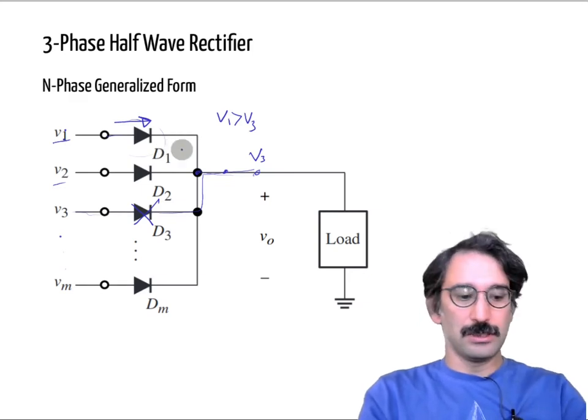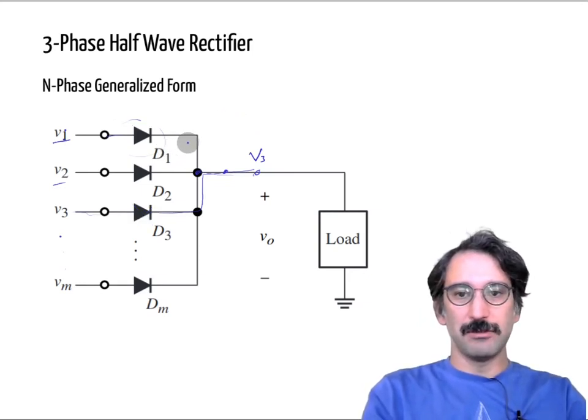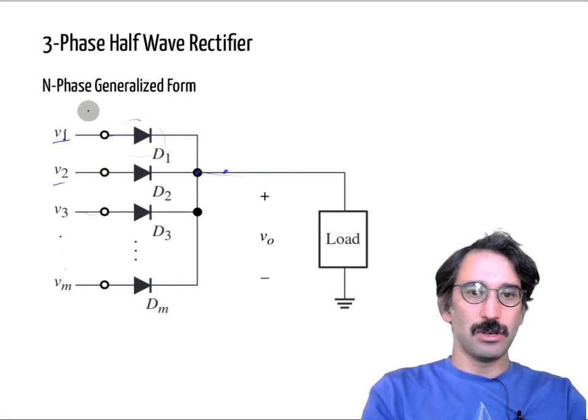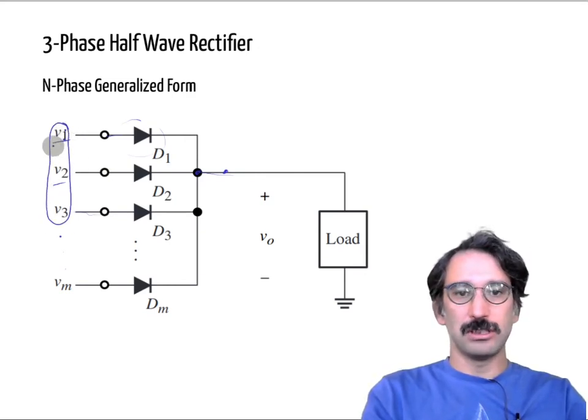If you simplify that algorithm, the phase with the largest voltage, be it V1, V2, or V3, will get into conduction, and then the output voltage will be equal to that one.